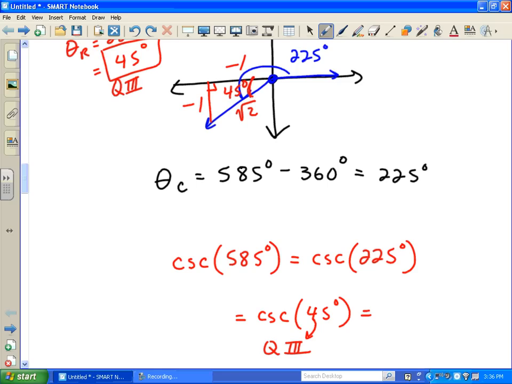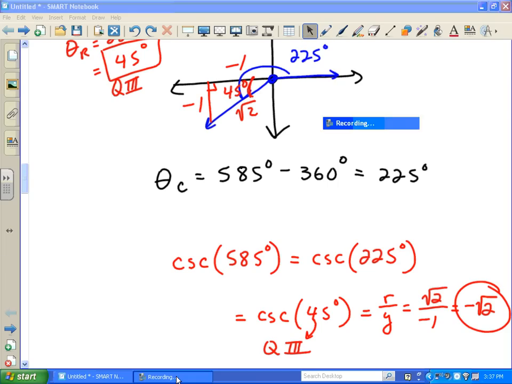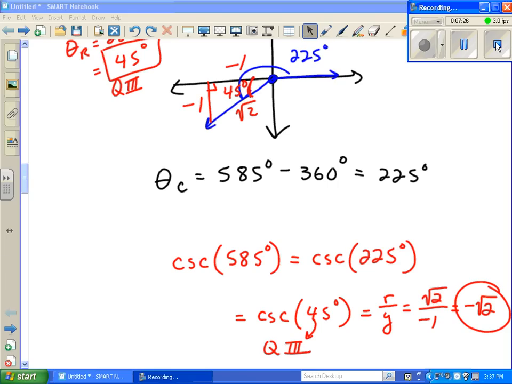As long as you give me the value here, I'm alright. Okay, cosecant is the value r over y. The r value was the square root of 2. The y value was -1. And so this reduced answer would be negative square root of 2. This concludes the lesson on finding trig function values using coterminal angles.